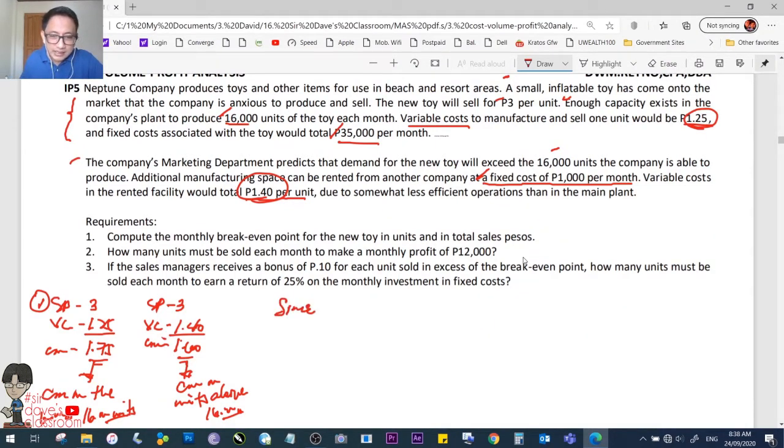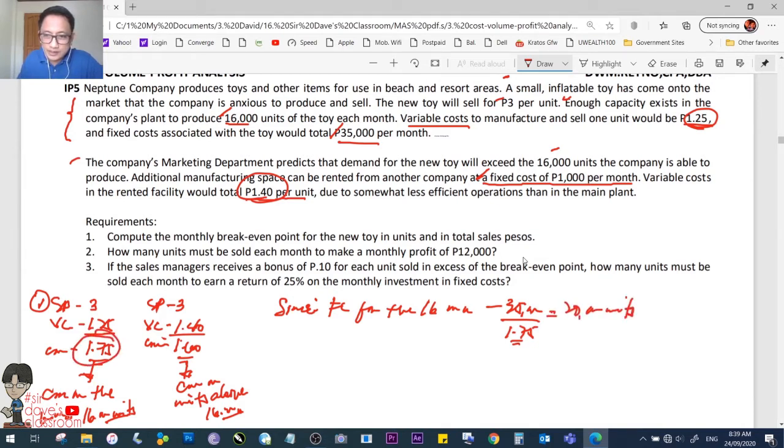Since the fixed cost for the first 16,000 units is 35,000, dividing 35,000 by the 1.75 gives you 20,000 units. Na ano ba yan? Break-even point in units.